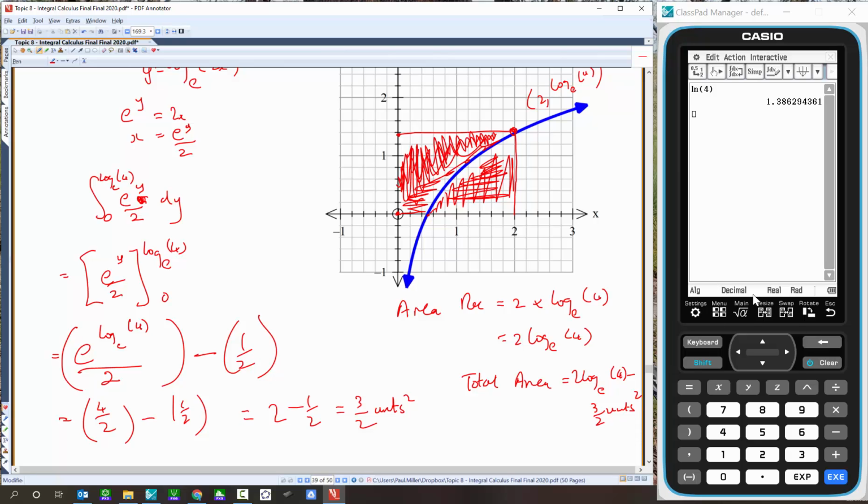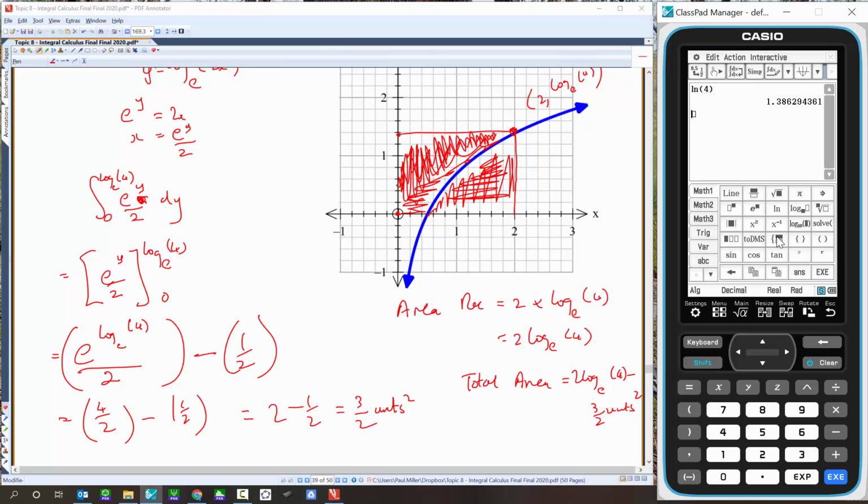Okay, let's try it out and see whether we were right or not. So I'm going to use the integral, and this one here is going to be 2. This one here is a half. By the way, the calculator will integrate on logs, so you can get the calc to do it. It's just that we can't do it by hand.